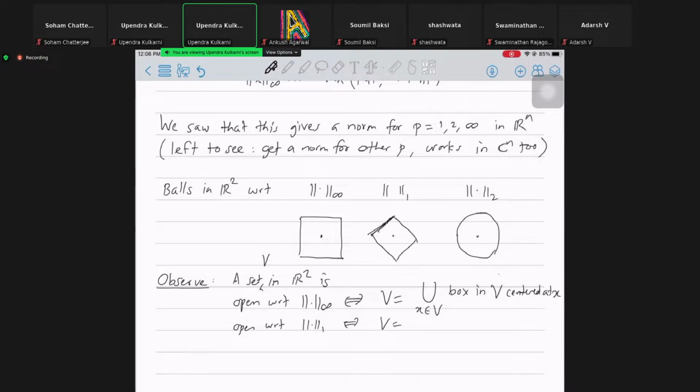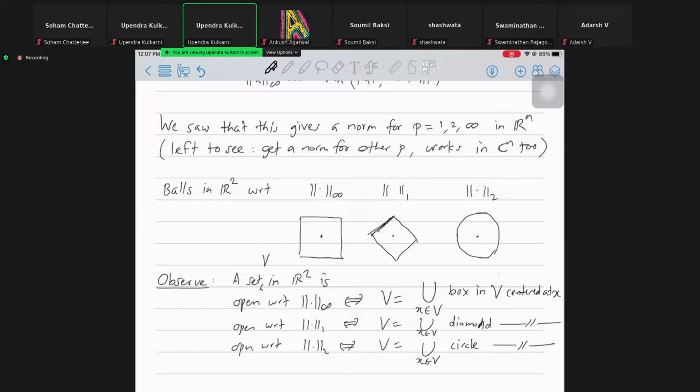Instead of a box, I'm going to say diamond. And likewise, open with respect to the usual Euclidean norm if and only if for every X in V, what changes here? The only thing that changes is the shape; this is going to be a circle in V centered at X, all right?